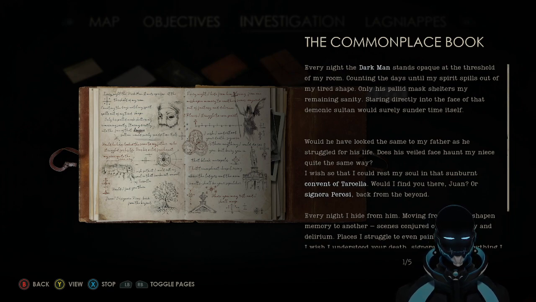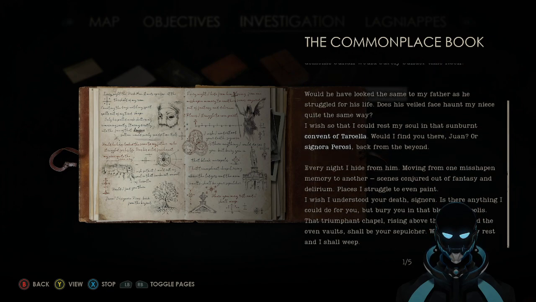Would he have looked the same to my father as he struggled for his life? Does his veiled face haunt my niece quite the same way? I wish so that I could rest my soul in that sunburnt convent of Tarawea. Would I find you there, Juan? Or Senora Pirosi? Back from the beyond.